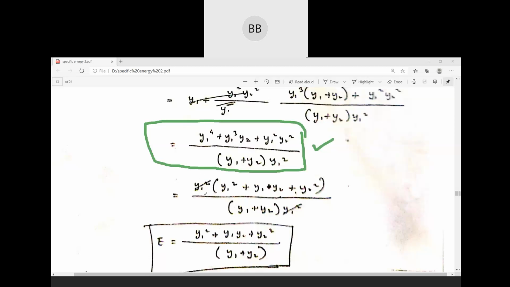So this y1 square and here we have y1 square, it will be cancelled out. So this is the final expression for specific energy.